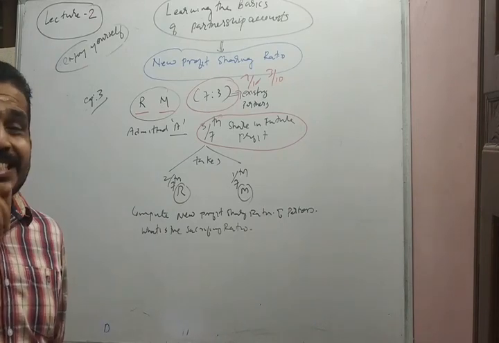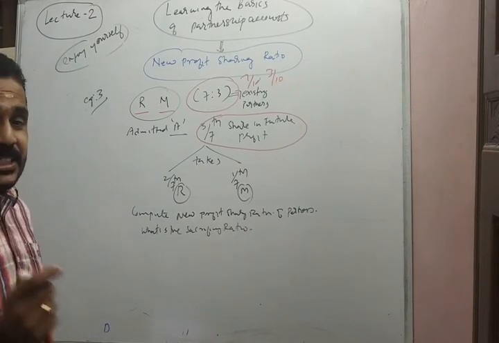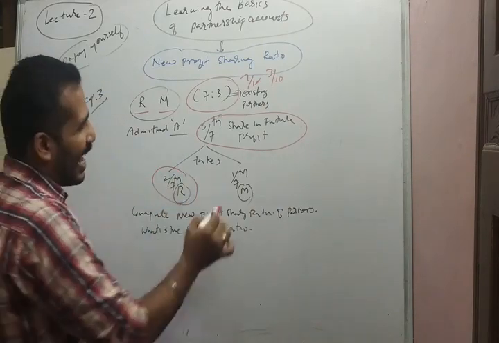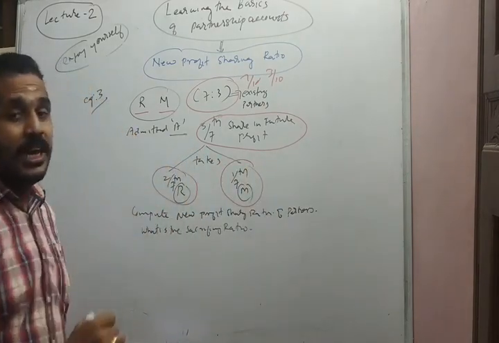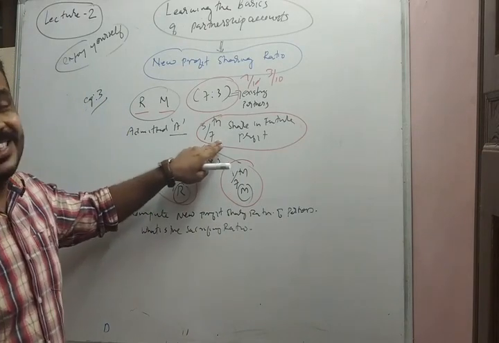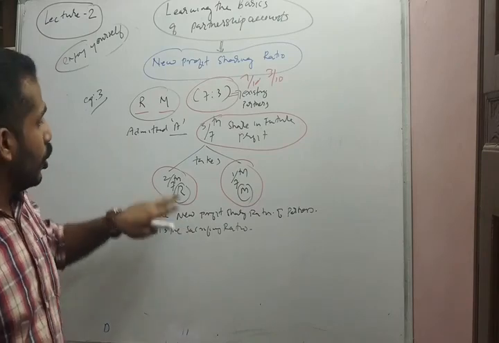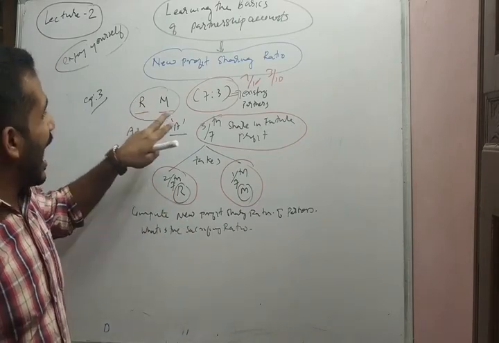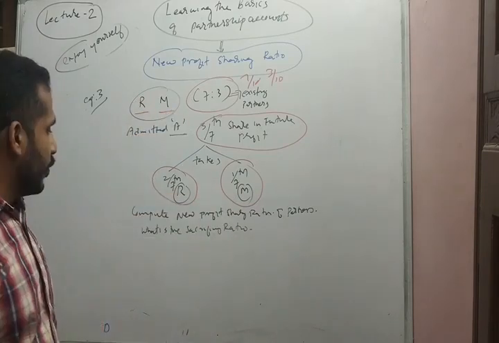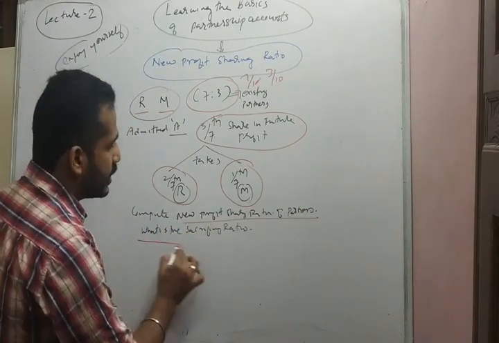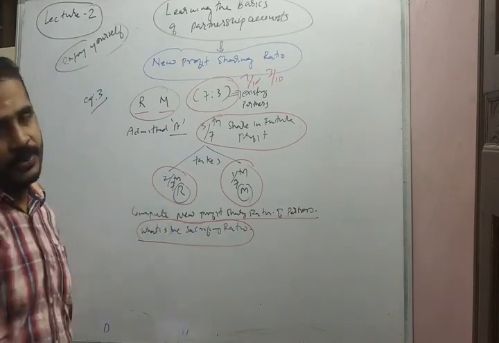How much? 3/7 share, which is taken 2/7 from Mr. R and 1/7 from Mr. M. So how is this 3/7 arrived at by Mr. A? He took 2/7 from R and 1/7 from M. So compute the new profit sharing ratio of the partners and what is the sacrificing ratio.